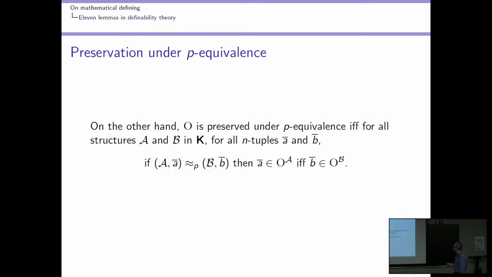So a predicate is P invariant if you look at this part of the predicate. So A bar is in the predicate, B bar is in the predicate. We are not using something that is outside the predicate. So you take A bar and B bar. If they are P partially isomorphic, you look at the matching between A bar and B bar, and you ask if this matching is a P partial isomorphism.